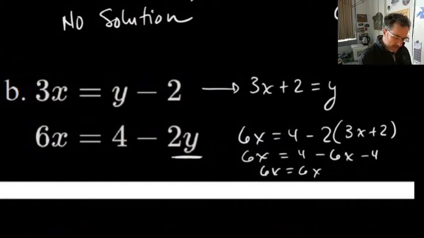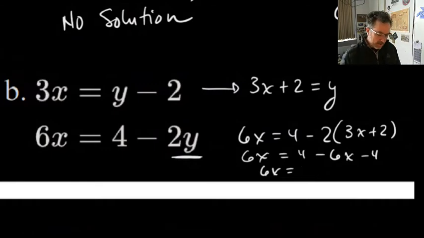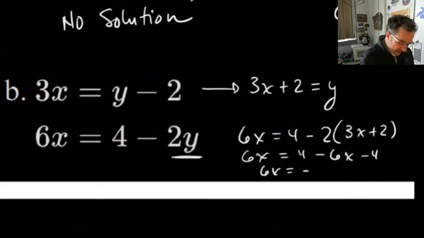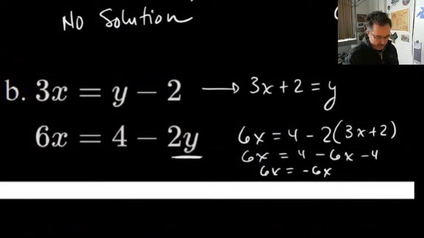Negative 2 times... I'm embarrassed. Clearly, 4 minus 4 is 0, but this is a negative 6x here, okay? And I know you're like, well, what's the difference? Well, it just changed things.